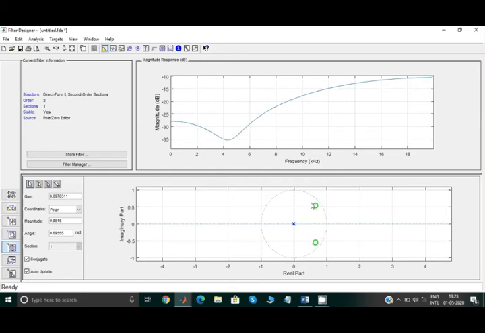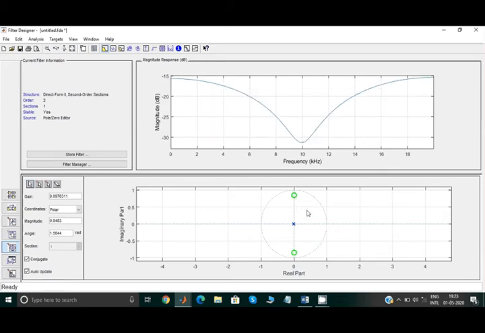When you put the zero near to 10 kilohertz, you get maximum attenuation at 10 kilohertz. So you see the similar effect. For the poles it was amplification, for the zero it is attenuation. So you put it near to that particular frequency, you get the effect in the frequency response at that particular frequency.